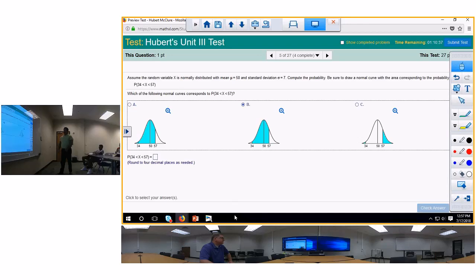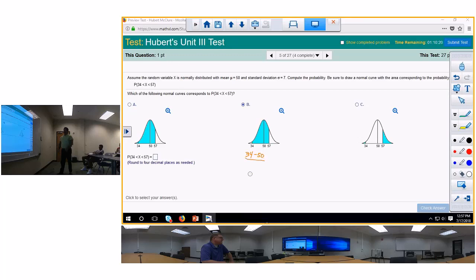Okay, now what do we have to do? Well, we've got test scores, so we've got to change those test scores into what? Z-scores, good. So on the left-hand side, 34 minus 50 over 7. And on the right, 57 minus 50 over 7. I'll do the one on the right for you. 1.